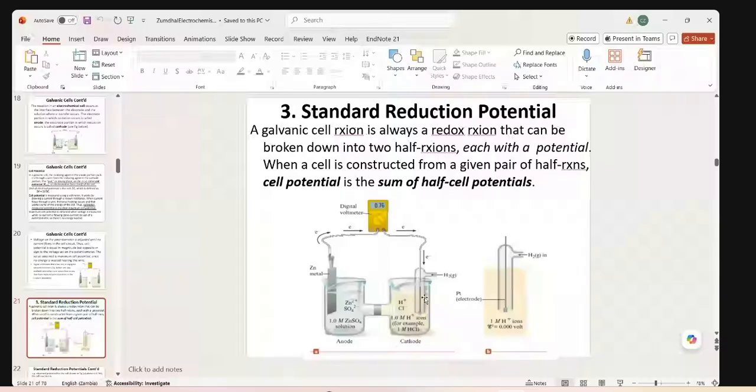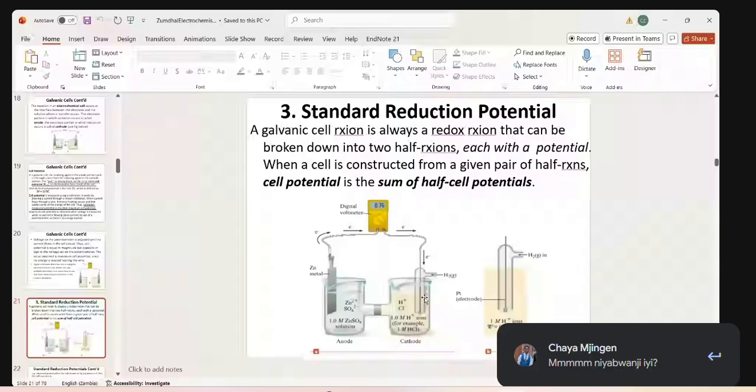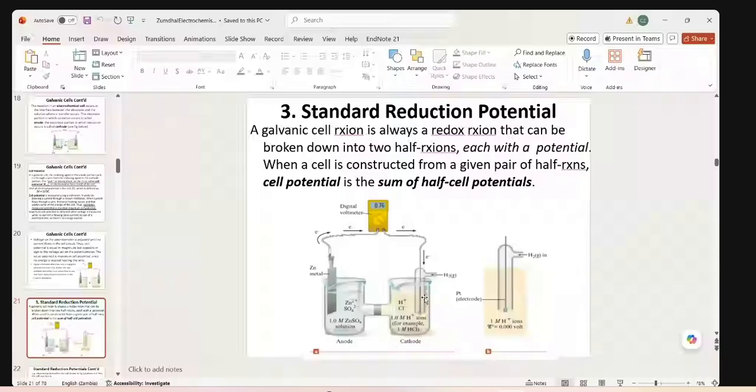The reason why the cathode is positively charged is because electrons are negatively charged, right? This is the easiest way to remember this. The electrons are moving from the anode, which is negatively charged, to the cathode, which is positively charged, because the negative anode repels the electrons, which are also negatively charged.